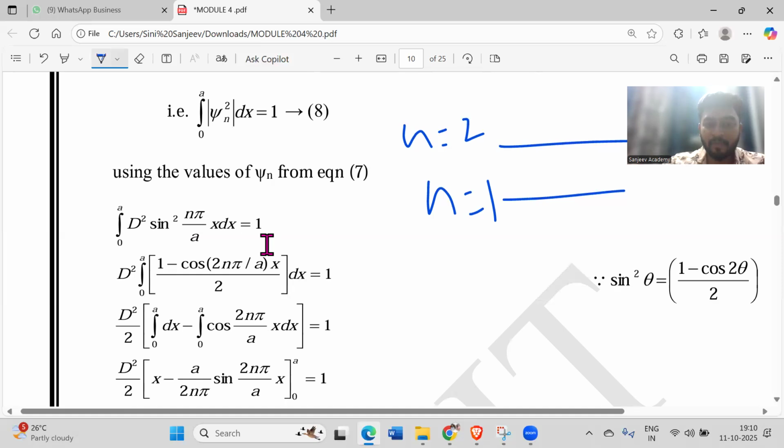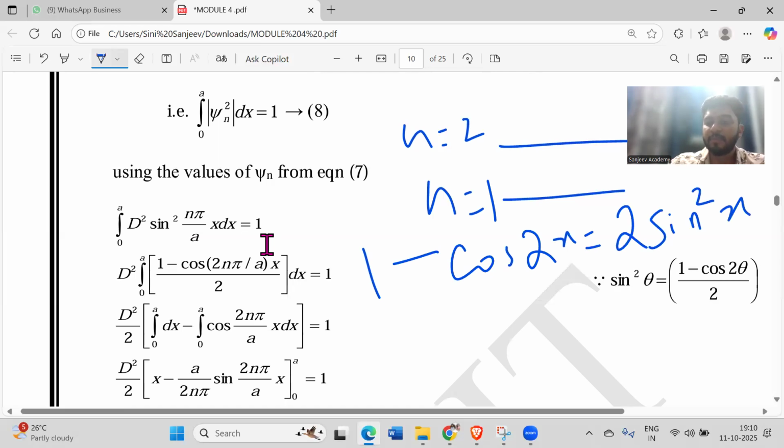We know 1 minus cos 2x is 2 sine square x. Simple math only. So what is my sine square x? 1 minus cos 2x by 2. So instead of x, what is here? N pi by a is there. That's all.